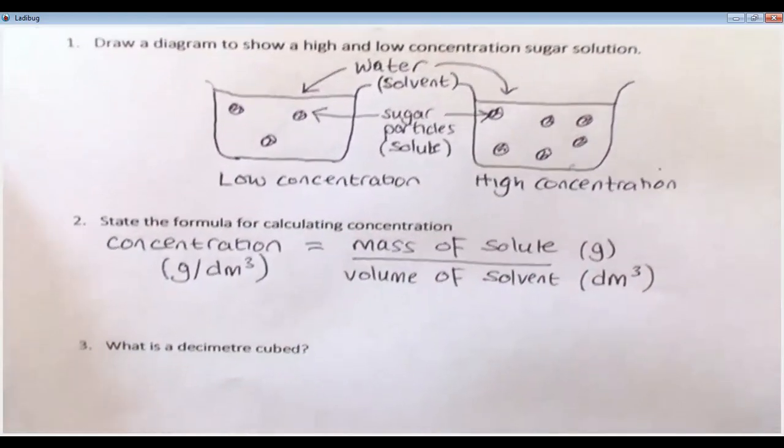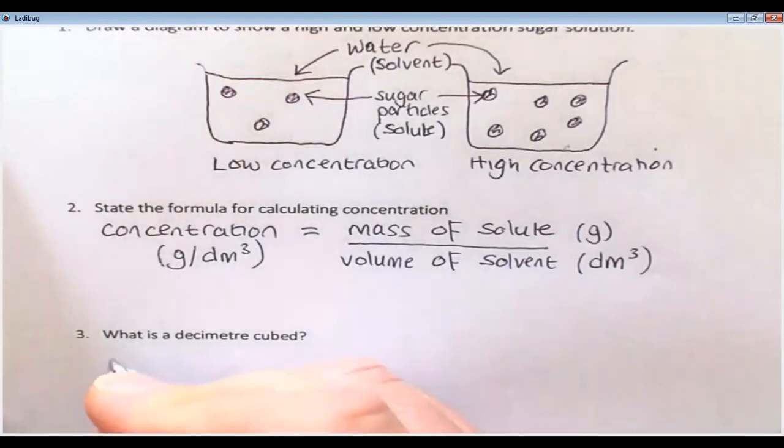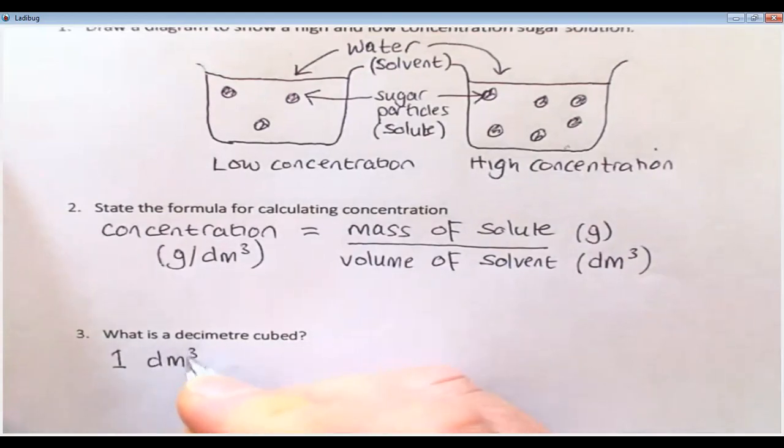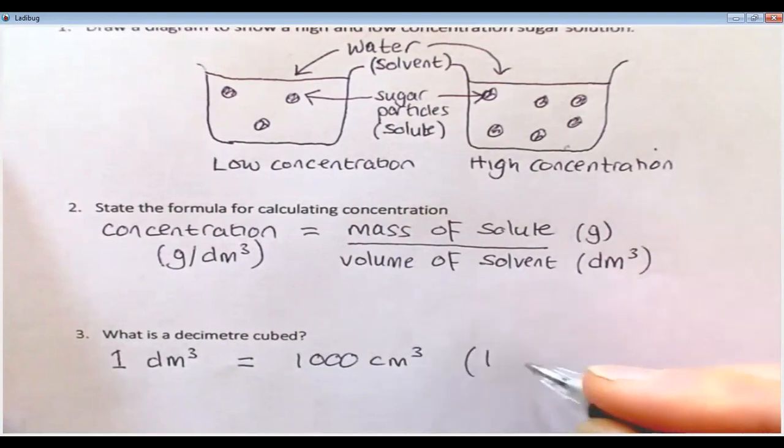Now, decimeter cubed, we're just going to write about underneath. We need to know that 1 decimeter cubed is equal to 1,000 centimeters cubed, which is actually the same as a litre.